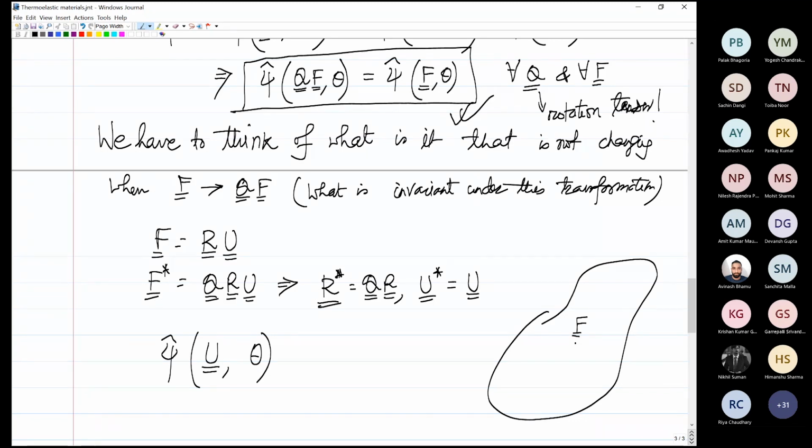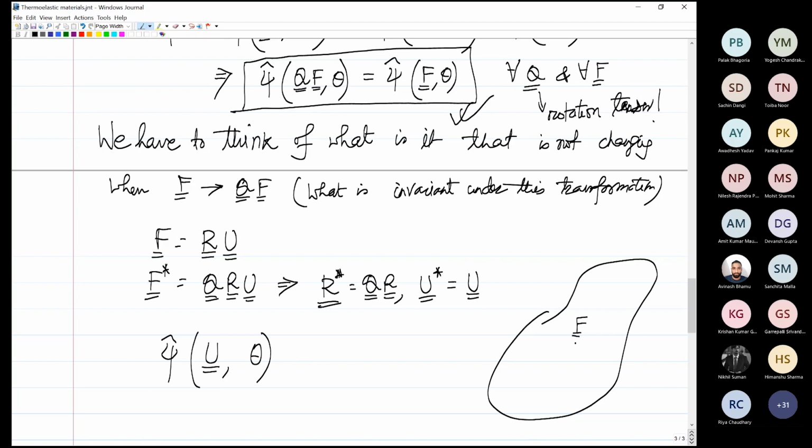They only rigidly rotate due to this local rotation big R. Whereas it is U which is responsible for generating strains, longitudinal strain, or the change in angle, or the change in volume, or the change in area. All that is coming because of U. Big R is only responsible for changing the orientation, right? So that should not affect your energy. And that is what you're seeing here, that psi hat is only dependent on the U part and not on the rotation part of F.